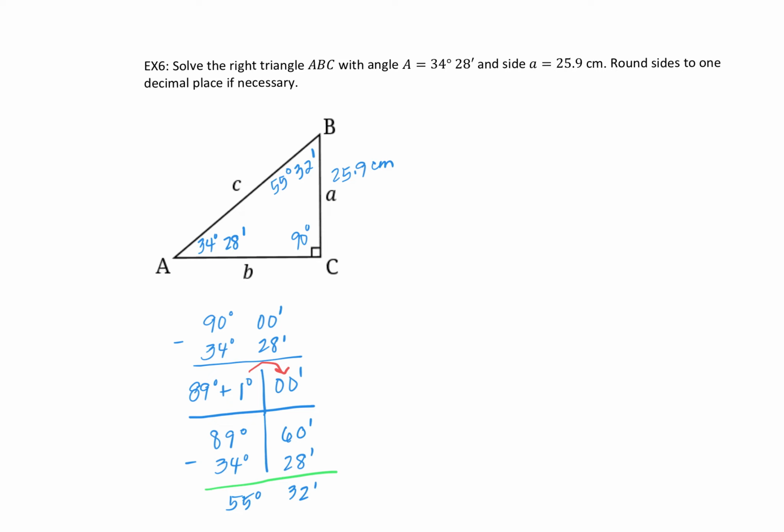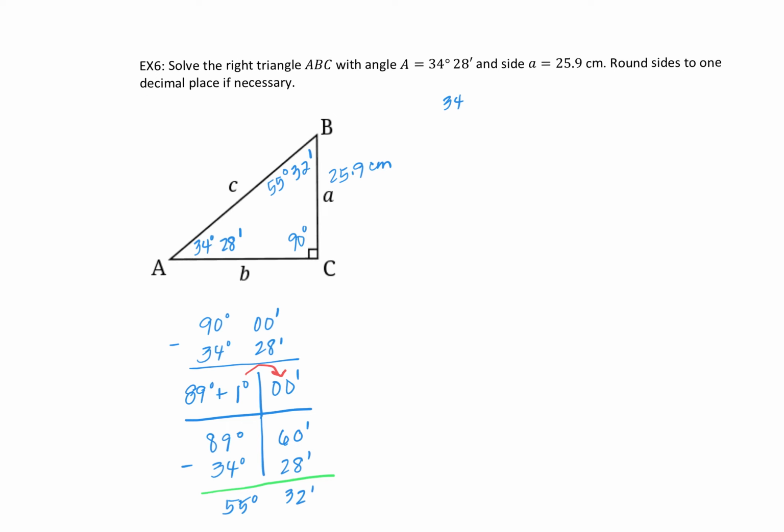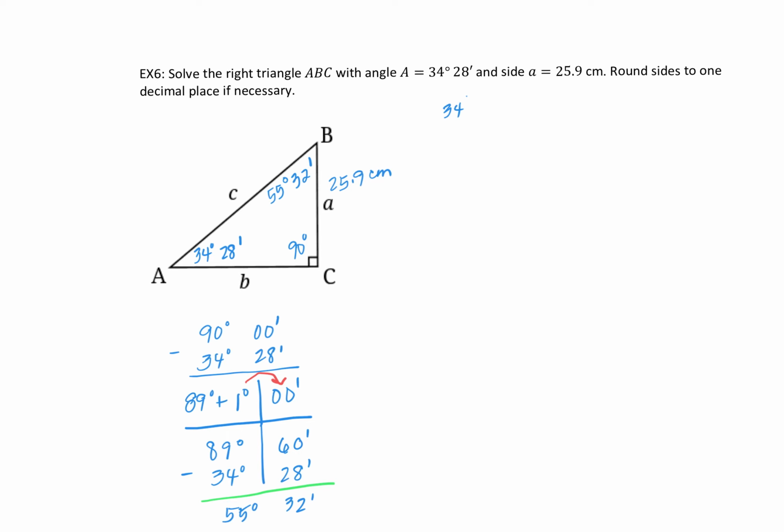just degrees with decimal. So 34, because I can't put degrees and minutes in my calculator, plus the 28 minutes divided by 60 will give me the degrees.